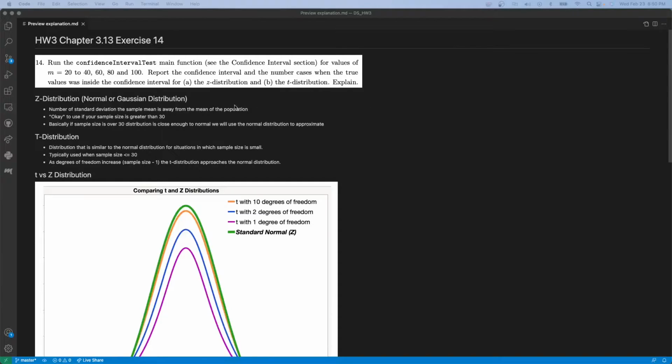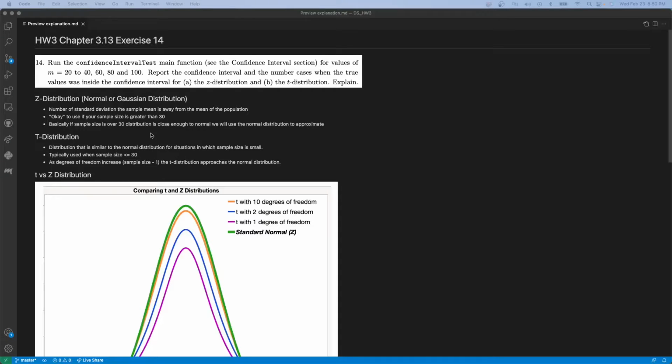So we've covered what a confidence interval is, and now we need to discuss the differences between the z and the t-distribution. The z-distribution, or the normal, or the Gaussian, or the standard, they're all names for the same thing.